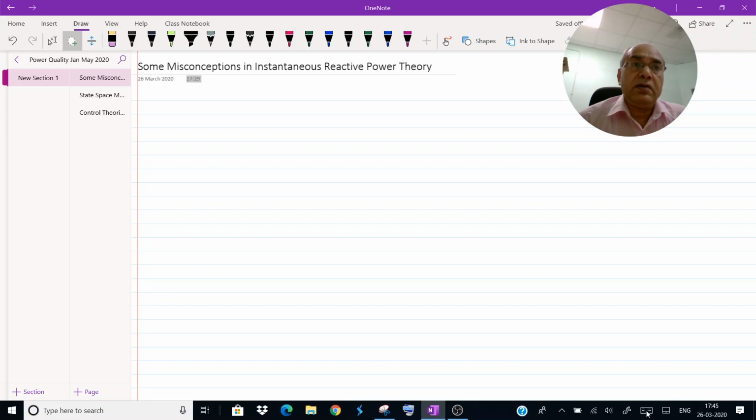If you remember, in the previous classes, we have used the terms I alpha P, I alpha Q, I beta P, and I beta Q. Are they matching the conventional notations of the current components, or are they consistent with the standard definitions of the active and reactive components of the current?